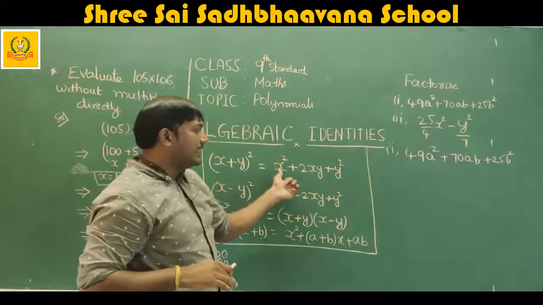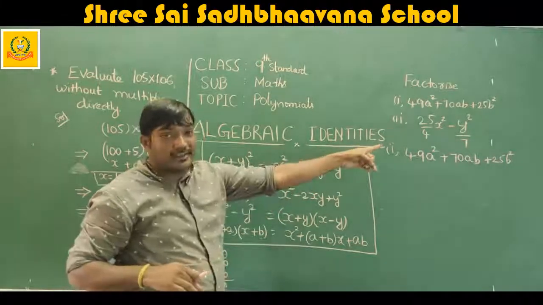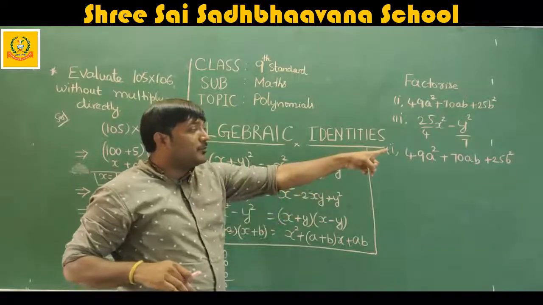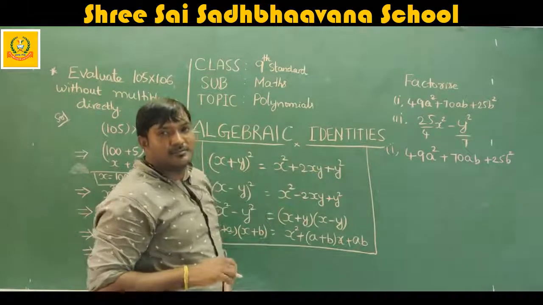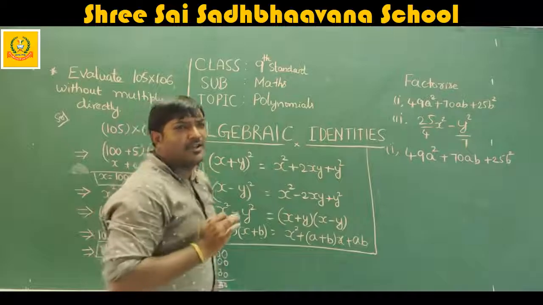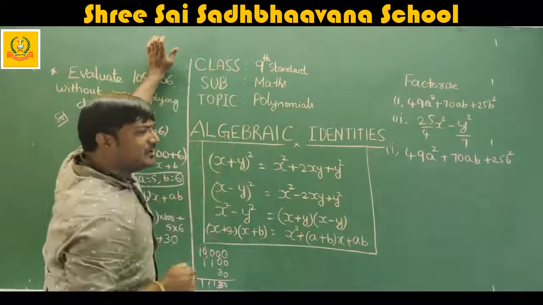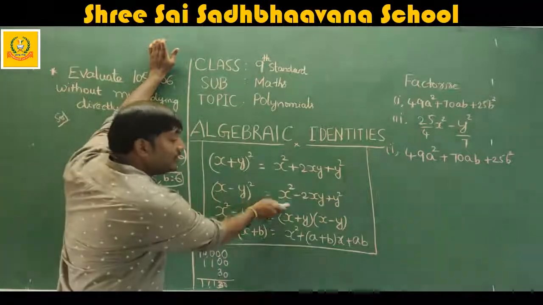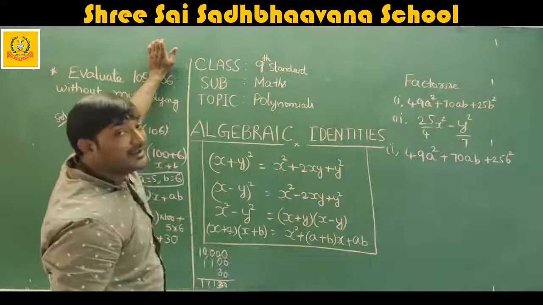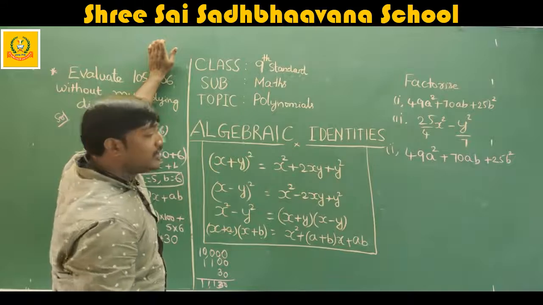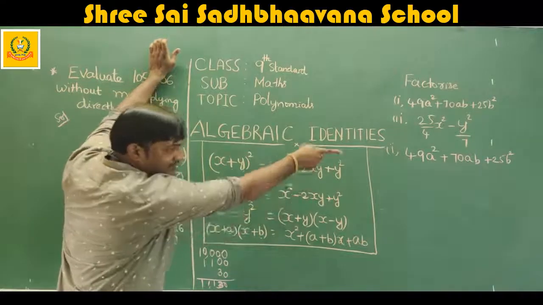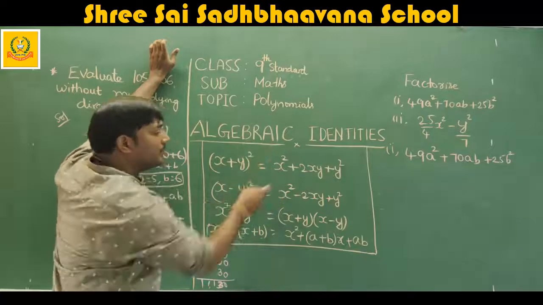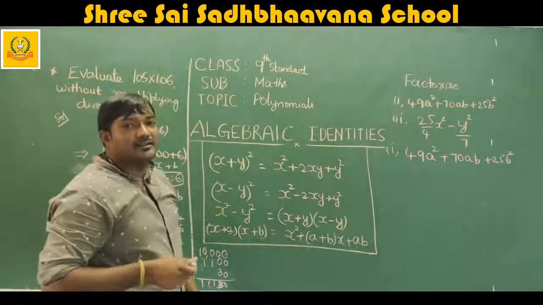Just observe, here x square, there a square. Here ab, here x into y. There 25b square, here y square. Some similarity you're able to see there, isn't it? That similarity you cannot see in the other three identities. Here it is same, but minus is there, plus is there. So obviously this sum is not related to these three identities.